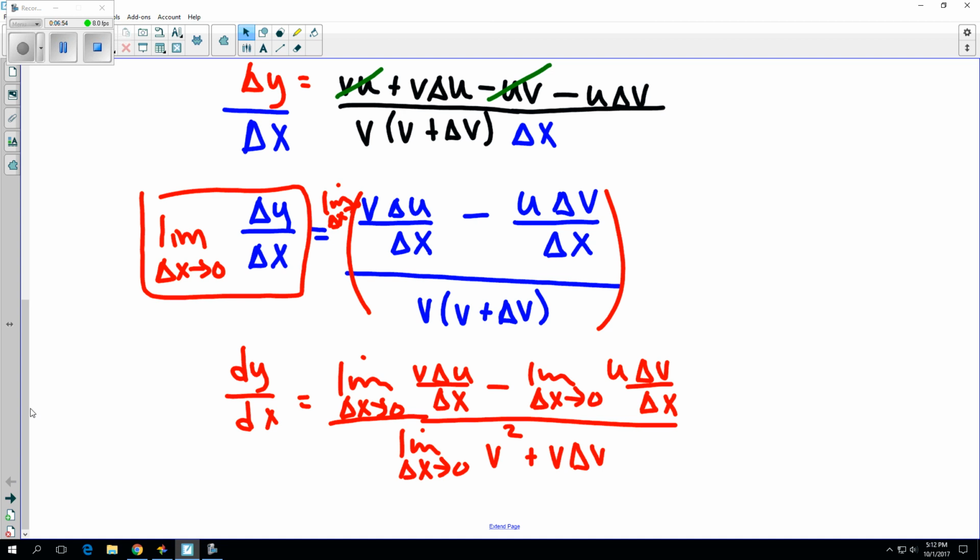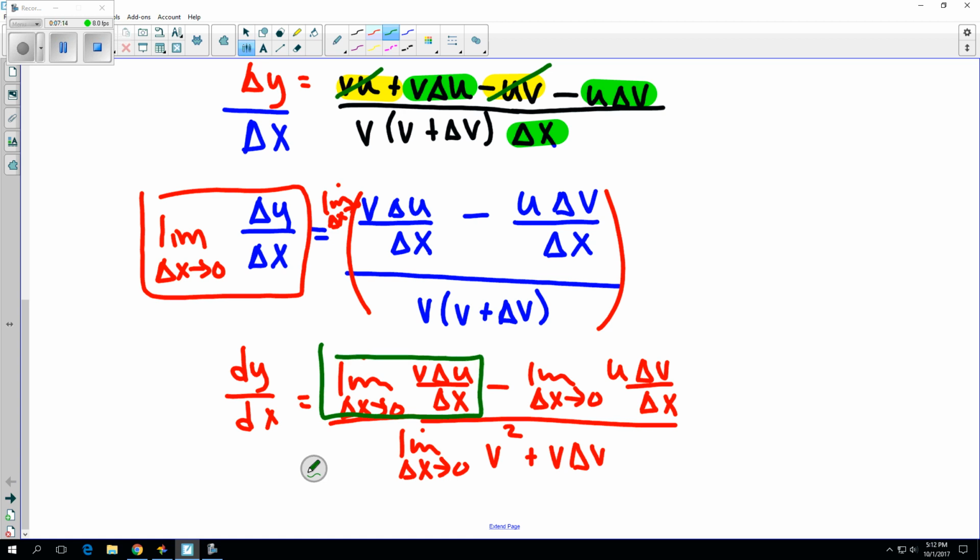There is no change in x because that got divided by each term up here. This term went away, this term was divided by change in x, and this term was divided by change in x. So let's dissect this down into each little component. V doesn't have any change in x in it. It's just simply v.